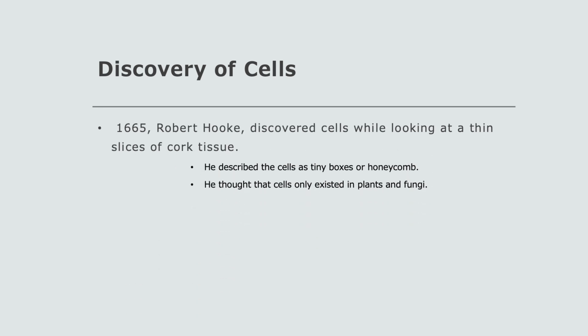In 1665, and you guys don't need to know dates, it just kind of puts it in perspective of how things played out, Robert Hooke discovered cells while he was looking at a thin slice of cork tissue. He described the cells as tiny little boxes or honeycombs, and that's where he came up with the term cell. However, he believed that the cells only existed in plants and fungi.